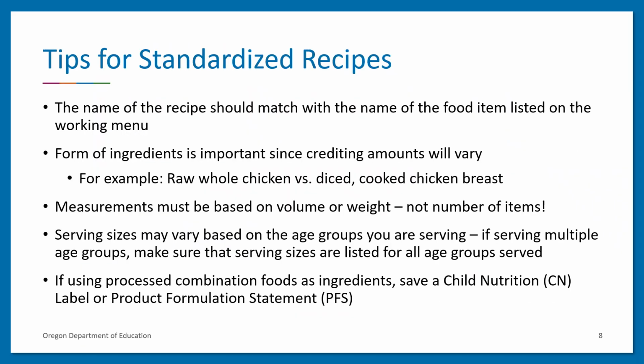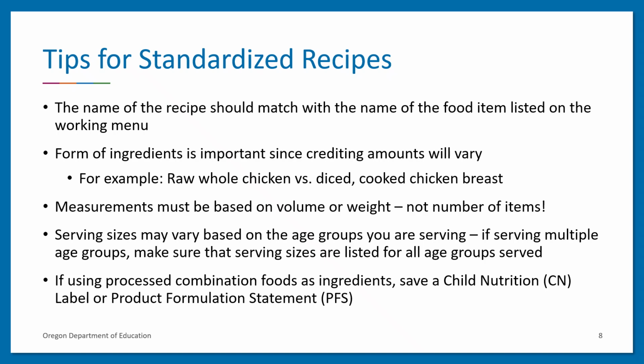The goal of a standardized recipe is to show how your homemade combination food credits towards the CACFP meal pattern, and ideally makes your cook's life easier as well. To meet these goals, keep these tips in mind. The name of the recipe should match with the name of the food item listed on the working menu.